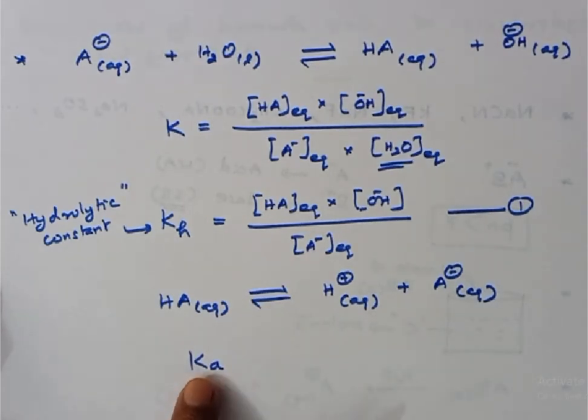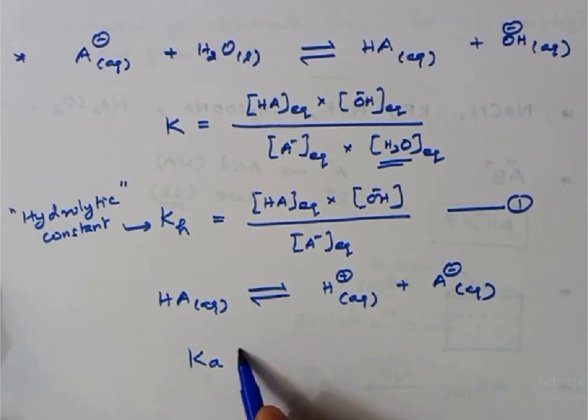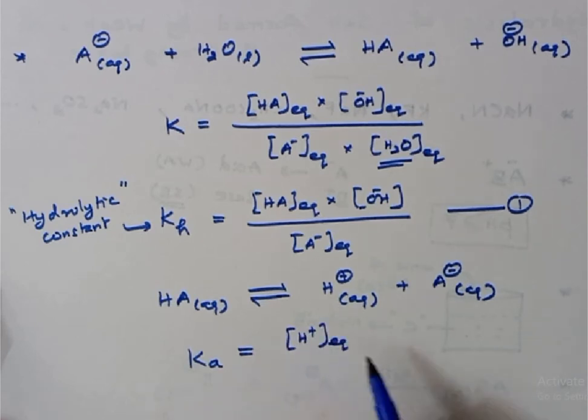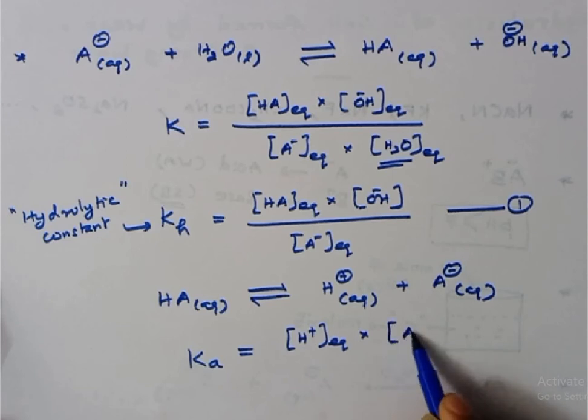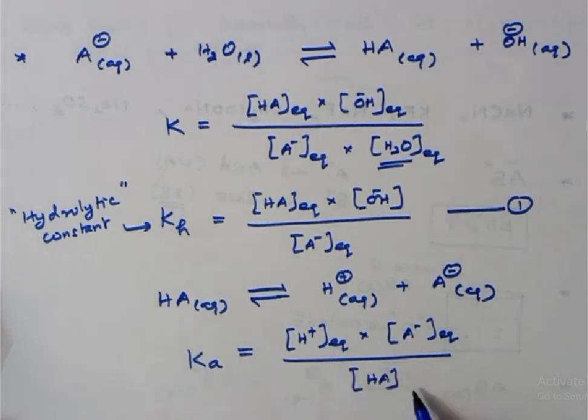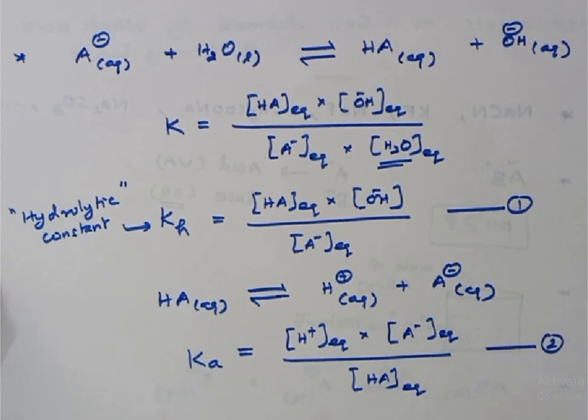What is Ka? The dissociation constant of the weak acid, or ionization constant of the weak acid. Ka can be given as the equilibrium concentration of the H plus ion times the equilibrium concentration of the A minus ion, divided by the equilibrium concentration of the weak acid. I'll take this as equation number 2.